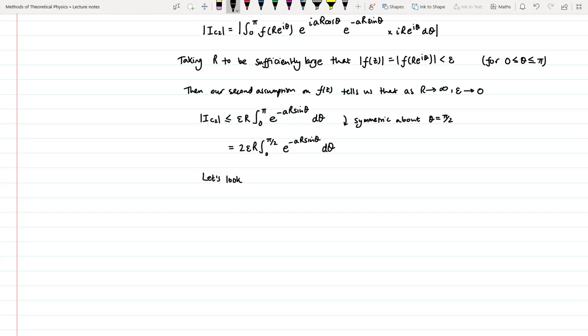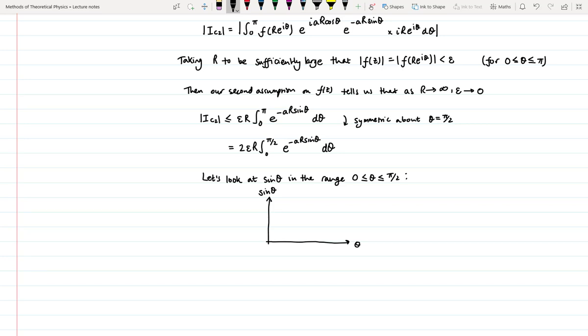Let's look at sine theta in the range 0 to pi by 2. I'll draw a picture. This is theta. This is sine of theta.